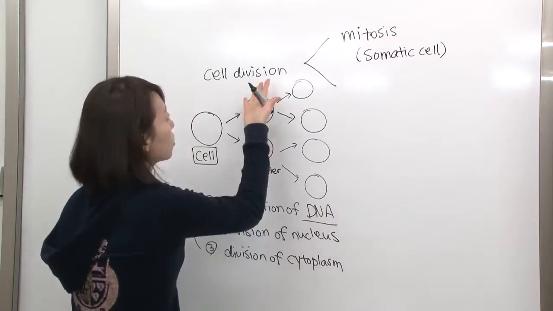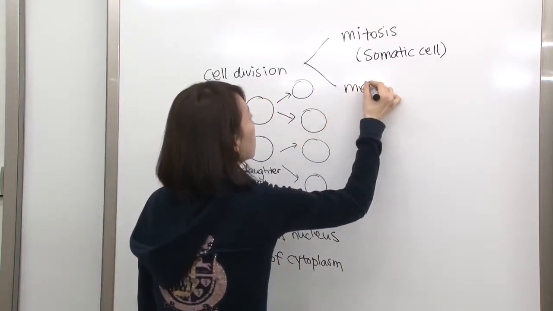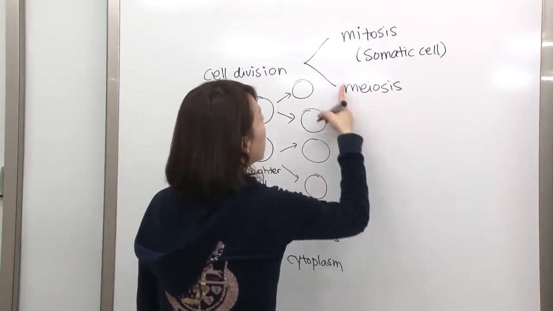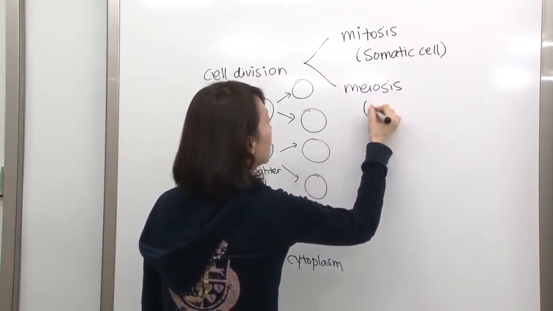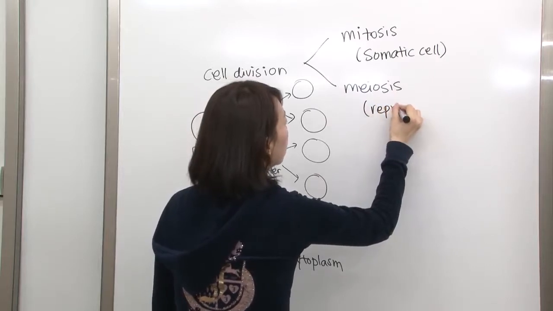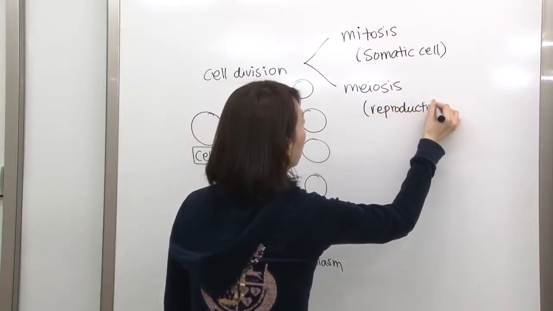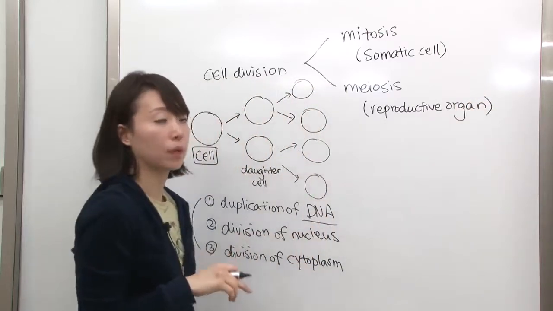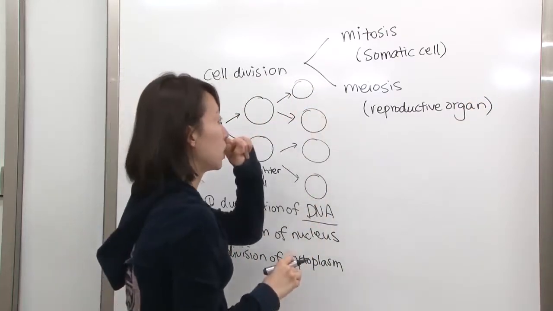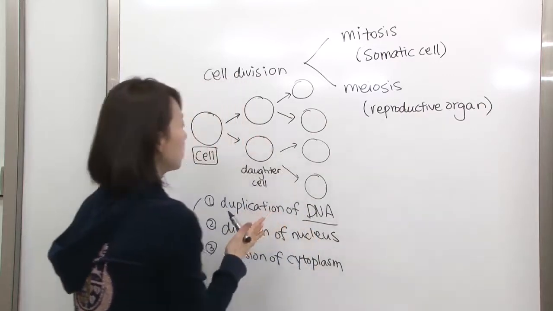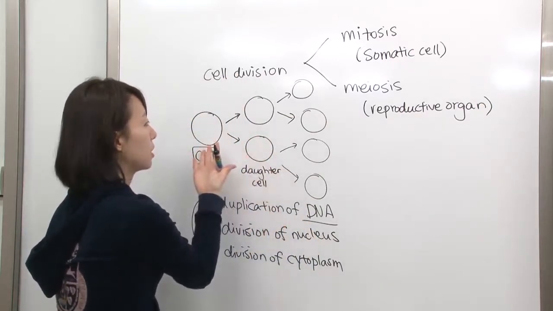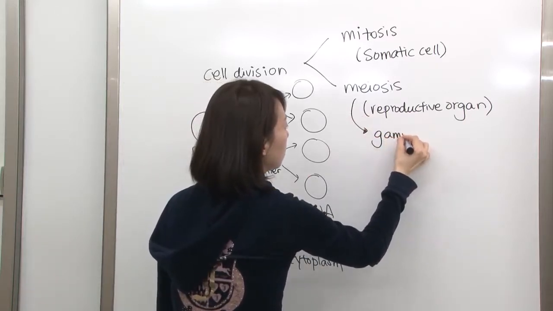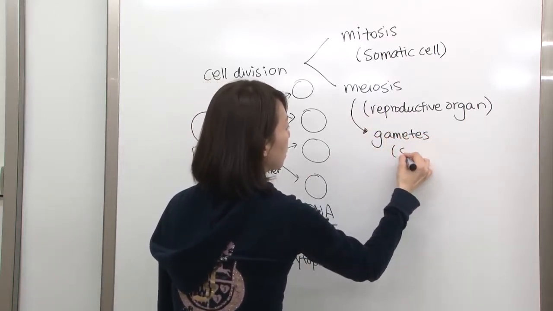But another cell division in our body is meiosis. This especially occurs in the reproductive organs. Meiosis doesn't produce a daughter cell that is the same as the preceding cell, but it forms the gametes, which are the sex cells.